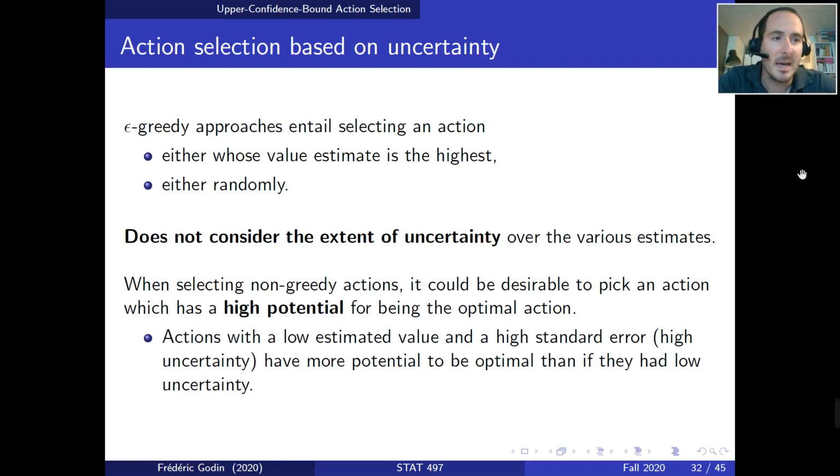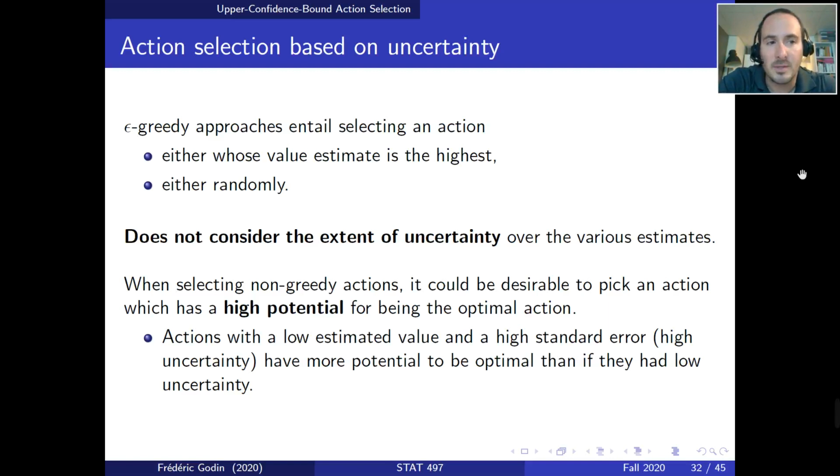At each time step or at each play, you randomly decide whether either you pick the greedy action with probability 1 minus epsilon, or you select a random action with probability epsilon. Okay, so either you choose the action which has the highest estimated expected reward, or you select an action at random.